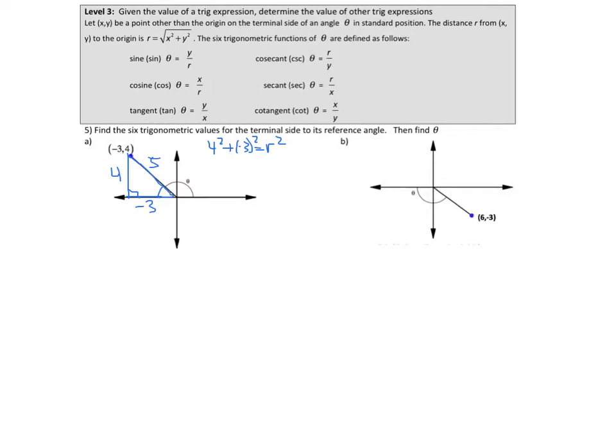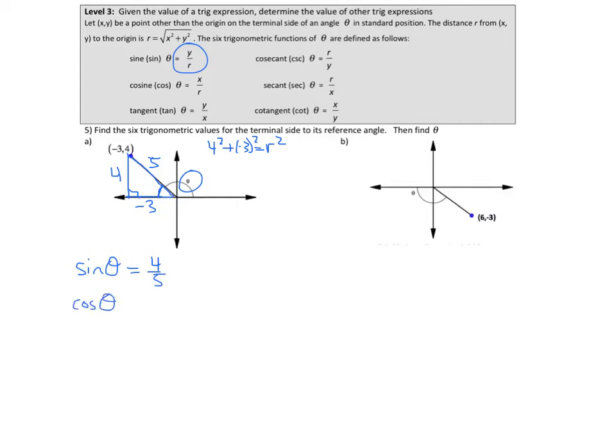And then all I have to do is, for sine, and again, we're referring to the reference angle, not the original angle. The sine of an angle is opposite over hypotenuse, which is going to be the y value over the r. So sine of theta is going to be 4/5.